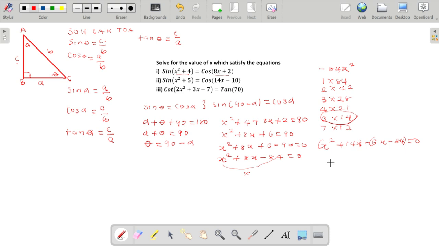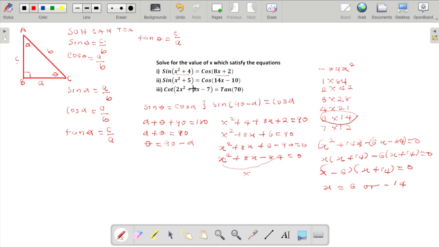What is common is simply x, then x plus 14, minus what is common here is minus 6, so x plus 14 equals 0. So we have (x minus 6)(x plus 14) equals 0. So x will just be 6 or minus 14.